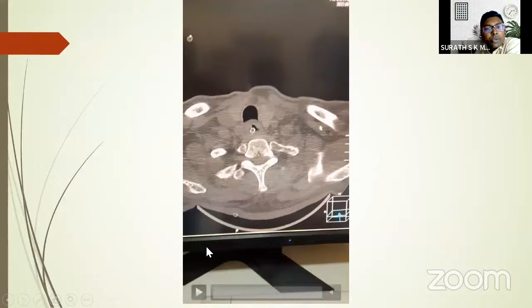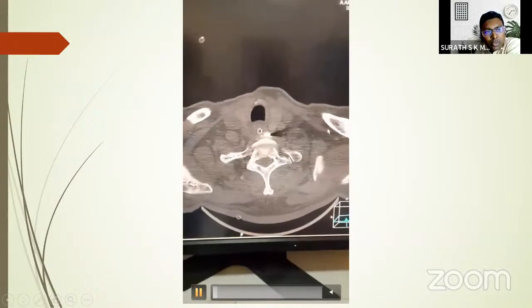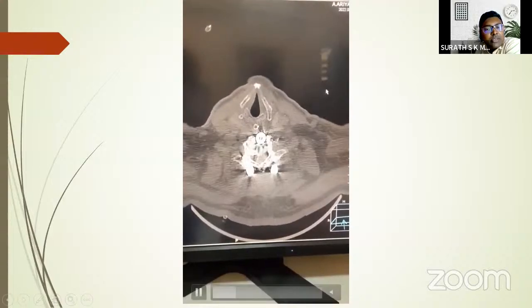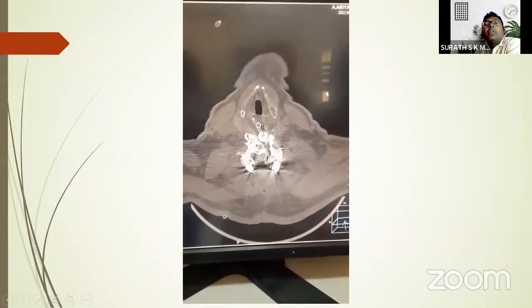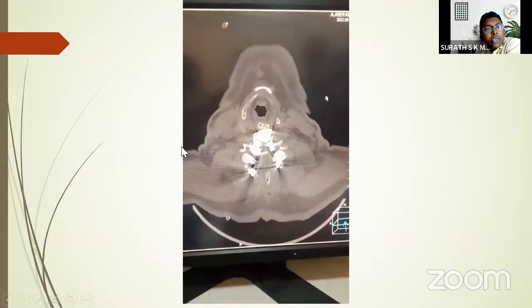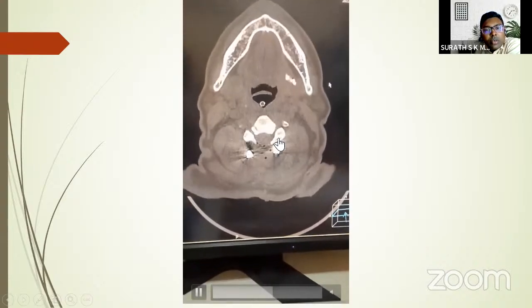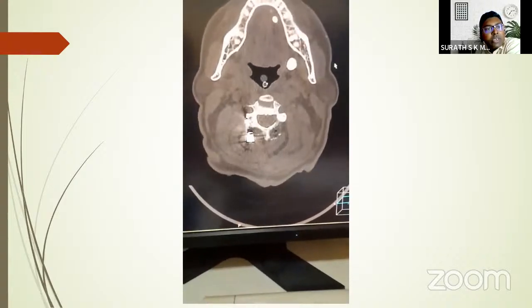I don't have, unfortunately, the sagittal cuts of the post-op CT. I'm only having the video of the axial. That patient, I had to go for this expandable cage.